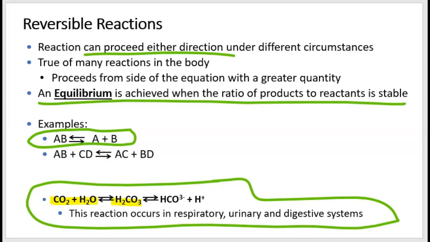That carbonic acid spontaneously dissociates into these two ions. The more CO2 your body produces, the more likely the reaction is to go to the right. Notice what that does in terms of hydrogen ion production.